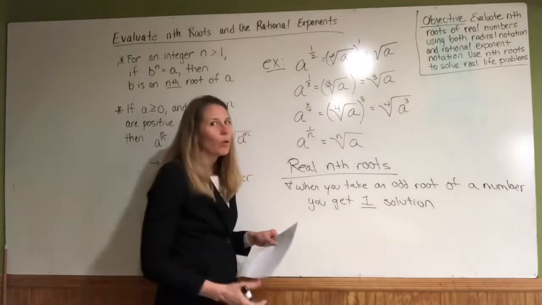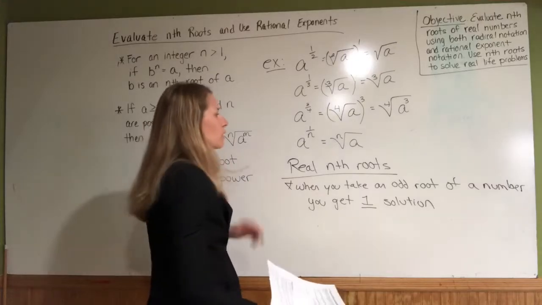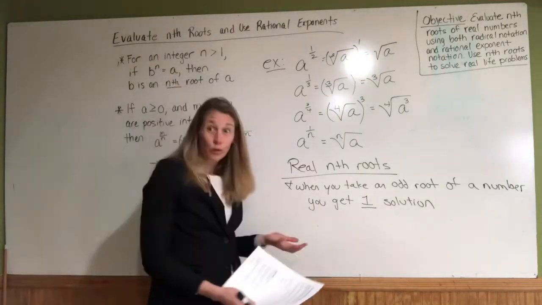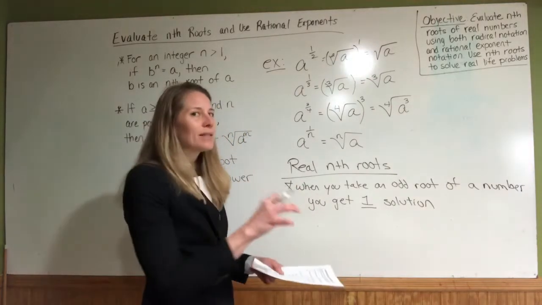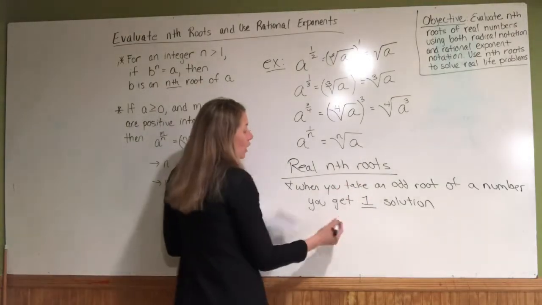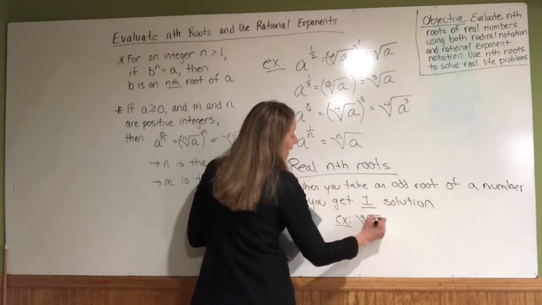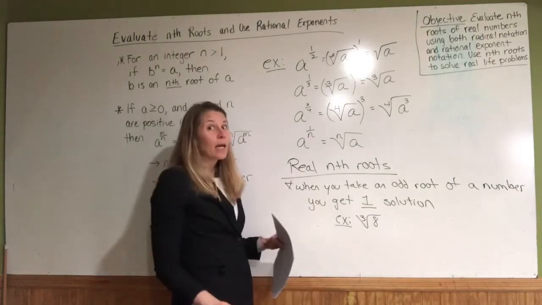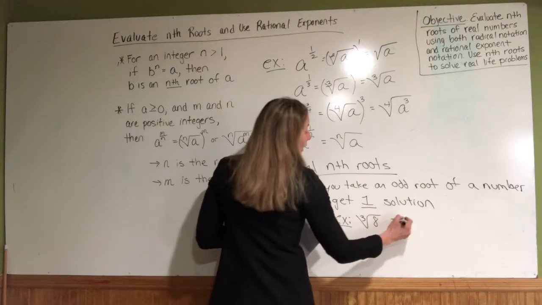If you think about what it means when we take the root of something, that makes sense, because if we're saying the cubic root, which would be an odd root, or the 5th root, that would be an odd root, you're asking yourself what number multiplied by itself that many times would equal the number inside here. For example, if you had the cubic root of 8, you're saying, what number multiplied by itself 3 times would equal 8? 2 times 2 times 2 is 8, so that would equal 2.